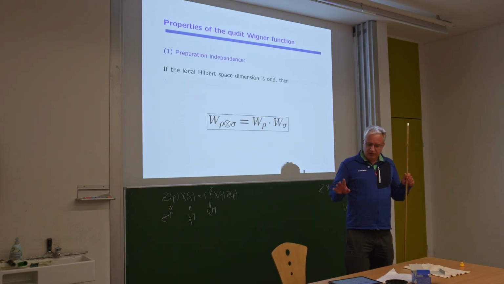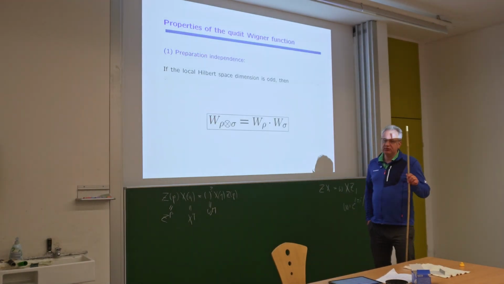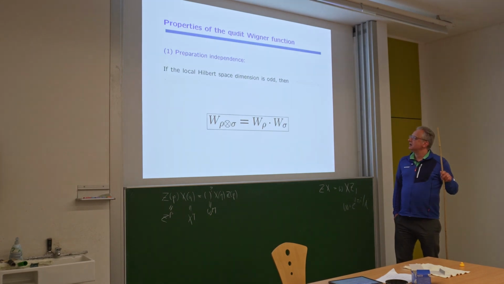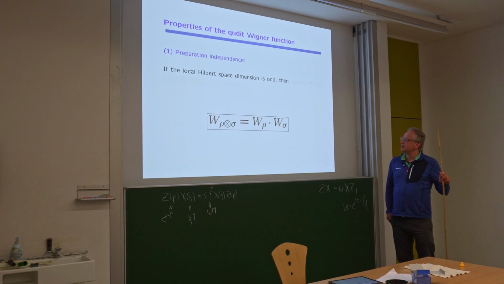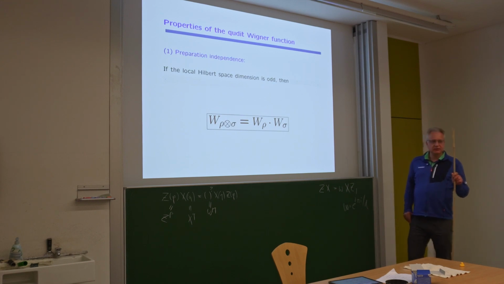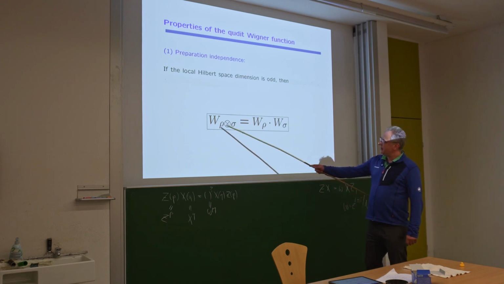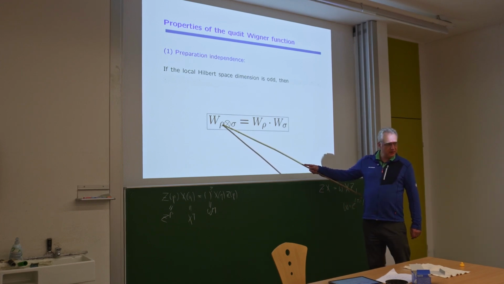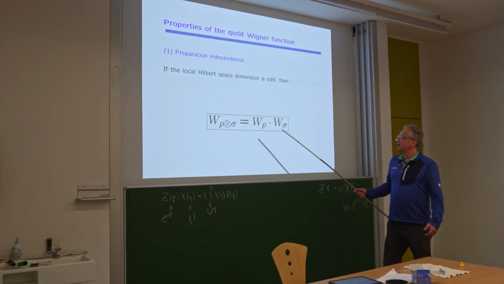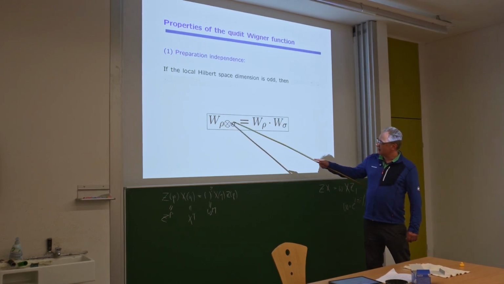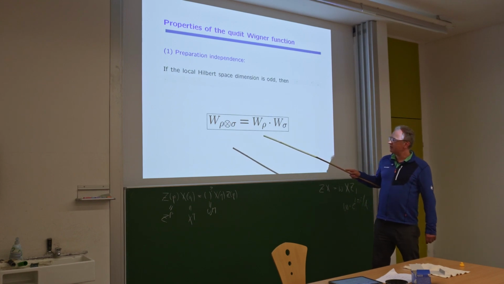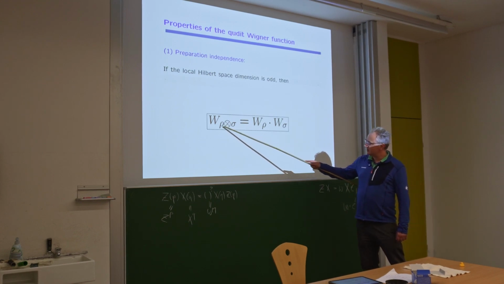So now, without proof, the proofs we will do tomorrow, that part is easy, that maybe we can talk about. Preparation independence. So when we have the Wigner function of a product state, so let's just say we have 2 qubits, and so we have a 2 qubit state, which, however, is special in the sense that it's a tensor product.